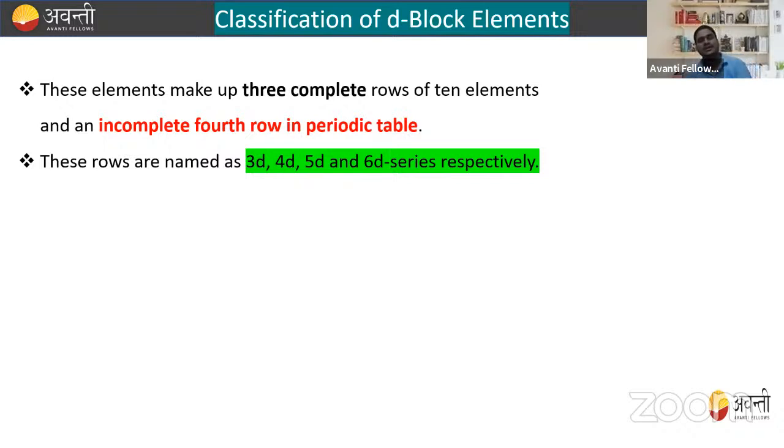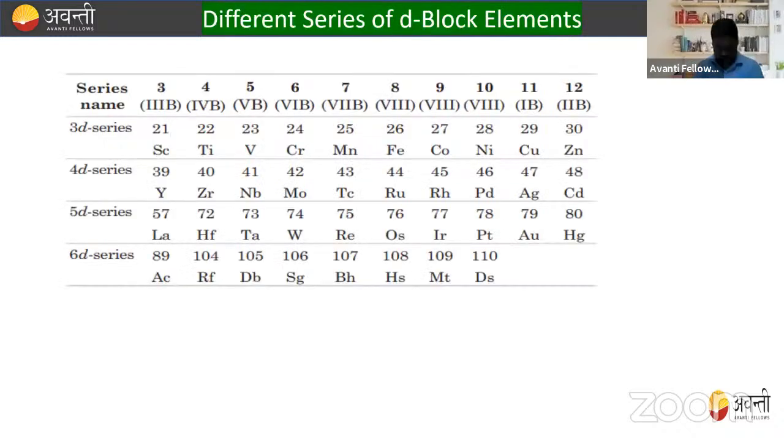So basically, the d block consists of three complete rows, each having 10 elements in it, like 30 elements. And the fourth row is an incomplete row in the periodic table. These rows are named the 3d, 4d, 5d, and the incomplete one is named the 6d series, respectively. So this is the classification of the d block.